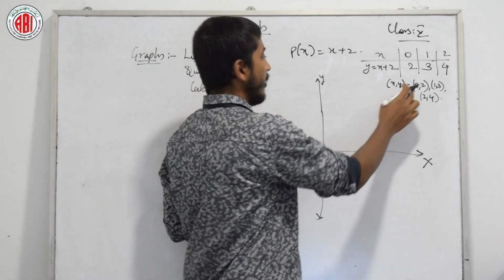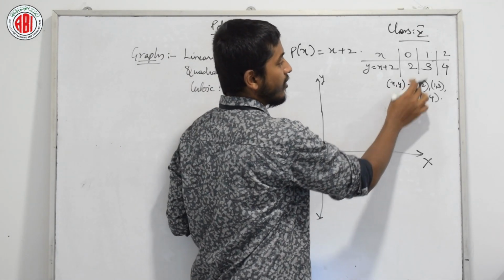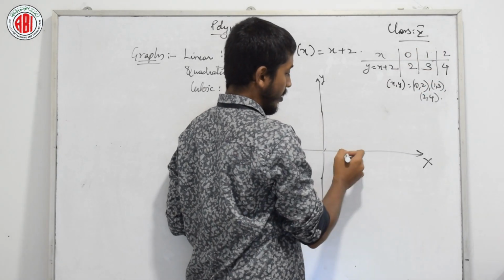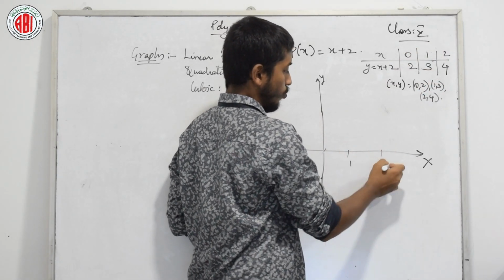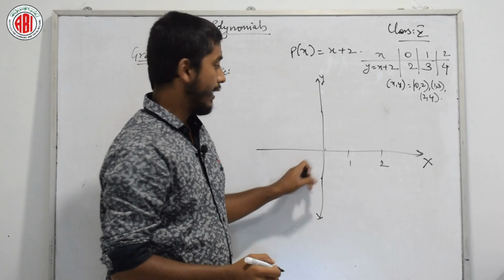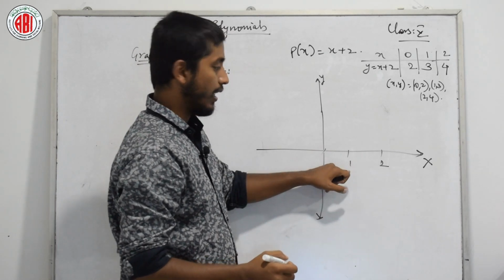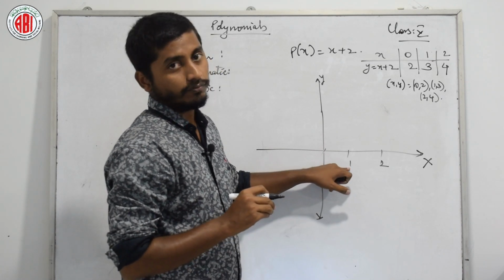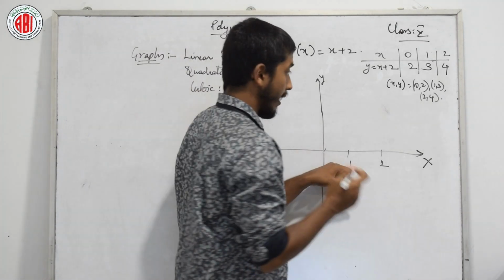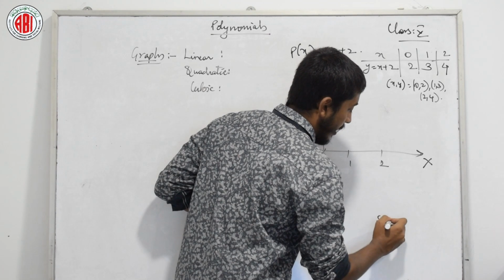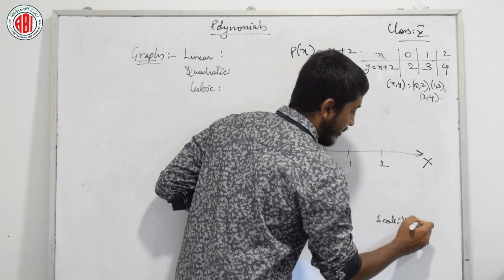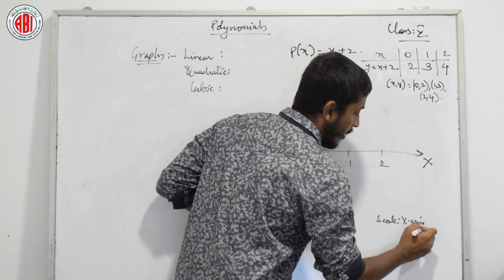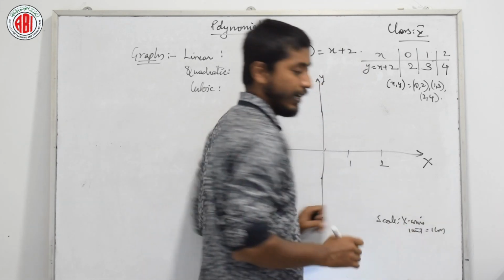See here, what are the values of x? 0, 1 and 2. In our graph sheet I am taking each unit as 1 centimeter. We have to write it somewhere. Scale: x axis, 1 unit is equal to 1 centimeter.